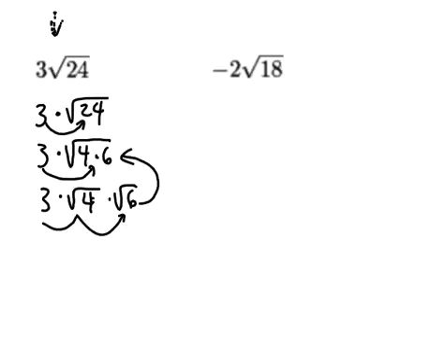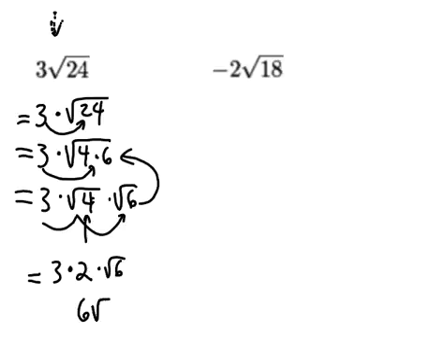So these are all equal, and I'm allowed to do this. Now I can simplify this radical right here because it's a perfect square. So this would be 3 times the square root of 4, which we know is 2, times the square root of 6. I'm now going to put this back together. So simplify: 3 times 2 is 6, times the square root of 6. And that is simplified right there.